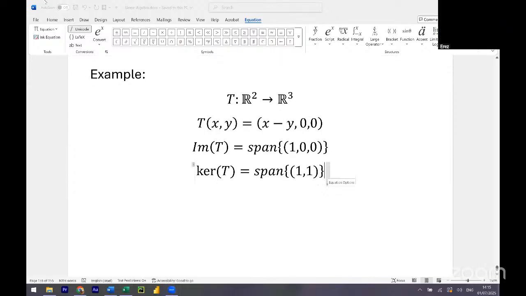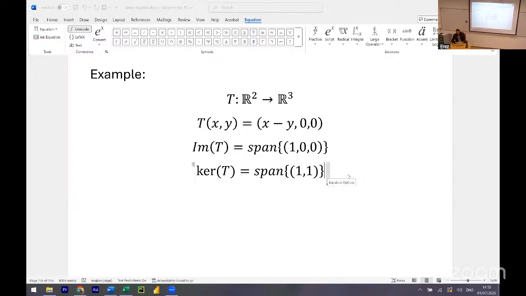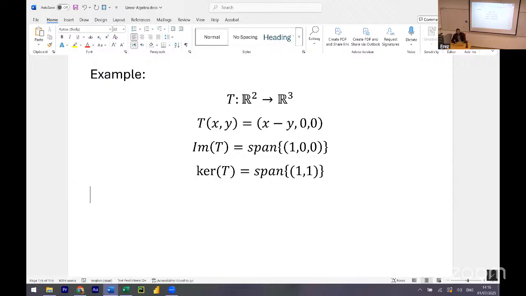So we defined the kernel and the image of a function, linear function. And now we're going to see the connection between this and matrices like always. An important example.